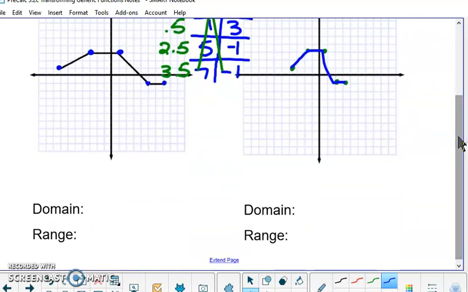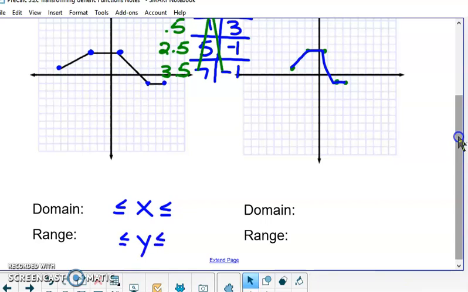So the domain is the x's. And I'm writing it like this because the graph ends on the left, it ends on the right. It ends going down, it ends going up. Okay, so as far as where does it end going to the left? Well, it's ending at negative 7.